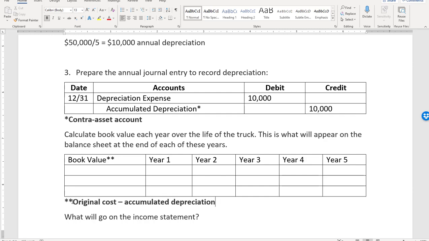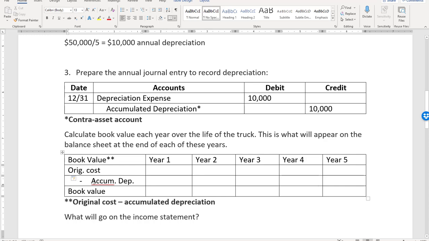And each year, the accumulated depreciation goes up and the book value goes down. So book value is equal to original cost minus accumulated depreciation.